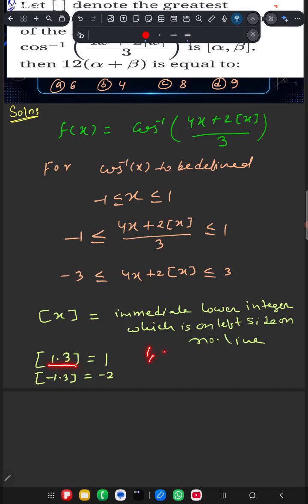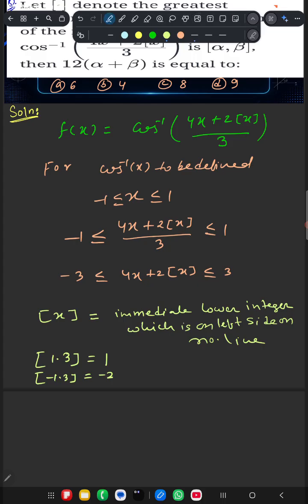Like 1, 0, -1. Yes or no? Among all these numbers, 1 is the greatest. So the name is greatest integer function. Similarly here, -1.3. So many integers are less than -1.3, for example -2, -3, -4. But -2 is the greatest. So this is the reason for the name.